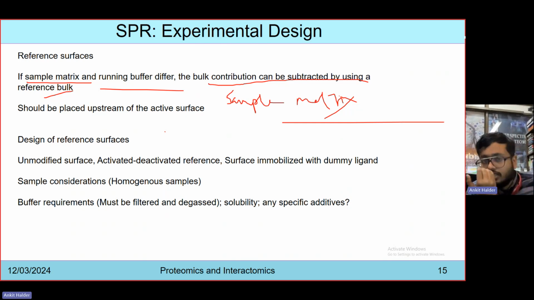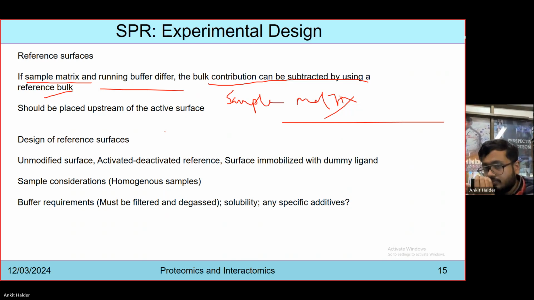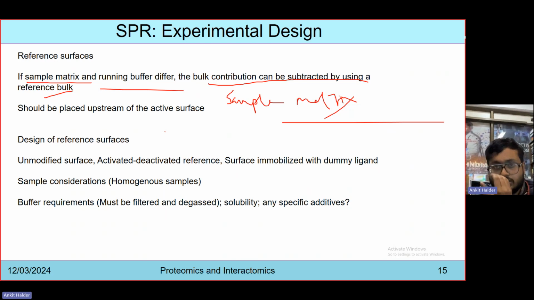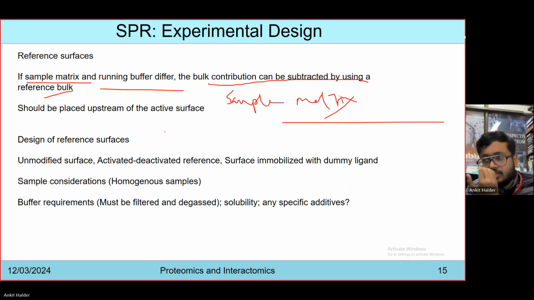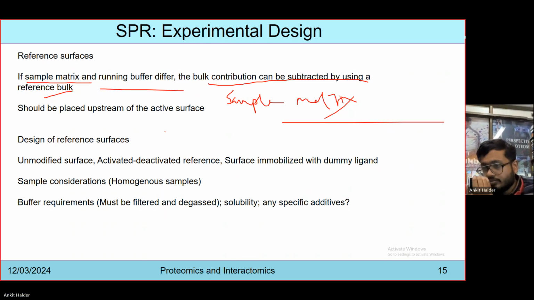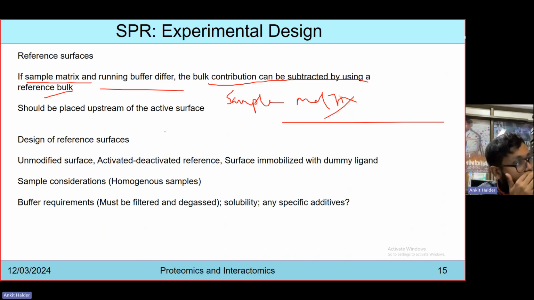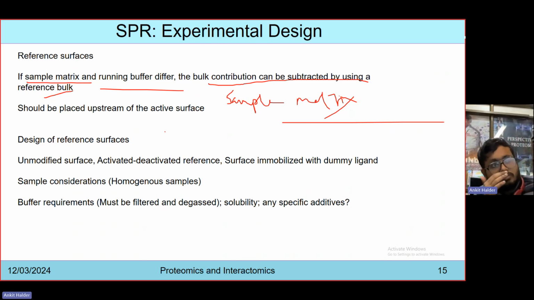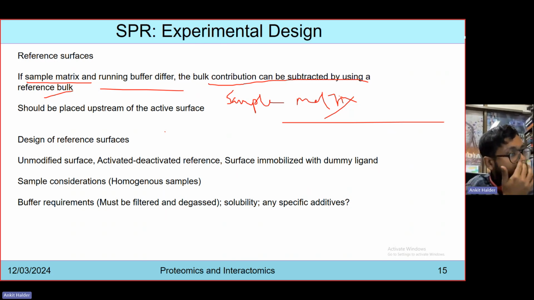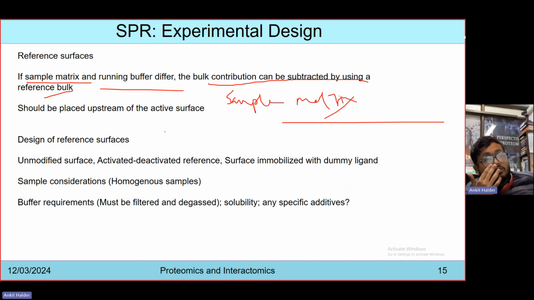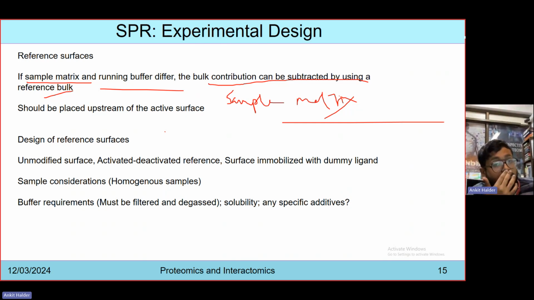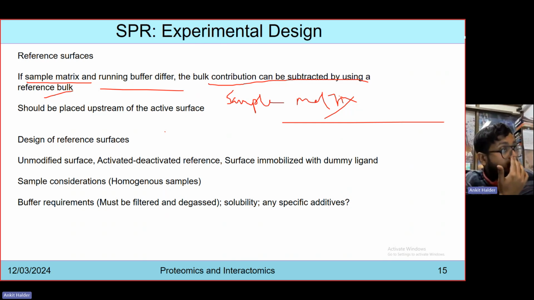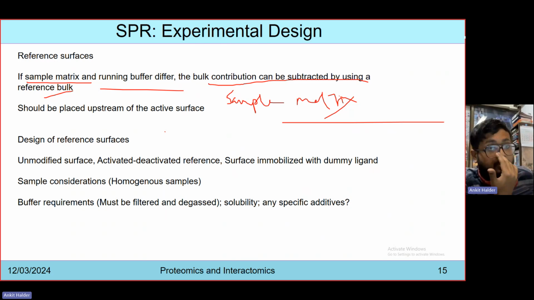So what happens is that the bulk contribution can be subtracted using the reference bulk, and it should be placed upstream of the active surface. So the main point is the design of the reference surfaces, from which the bulk effect can be reduced and subtracted.